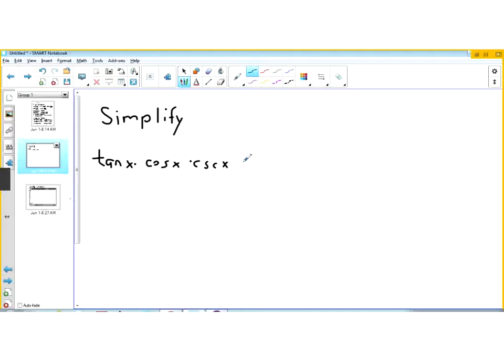When you simplify such functions, a suggestion, though it doesn't always hold, is to replace the functions with their definitions. We know that the tangent of x is the sine of x over the cosine of x, times the cosine of x, and the cosecant of x is 1 over the sine of x. After doing all the cancellations, the answer is 1.